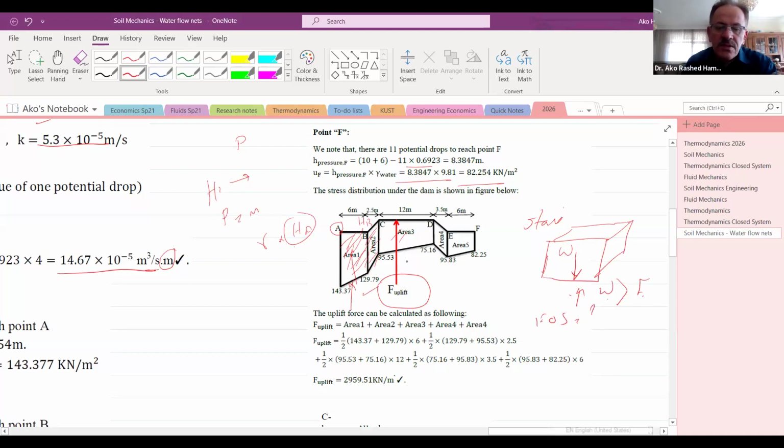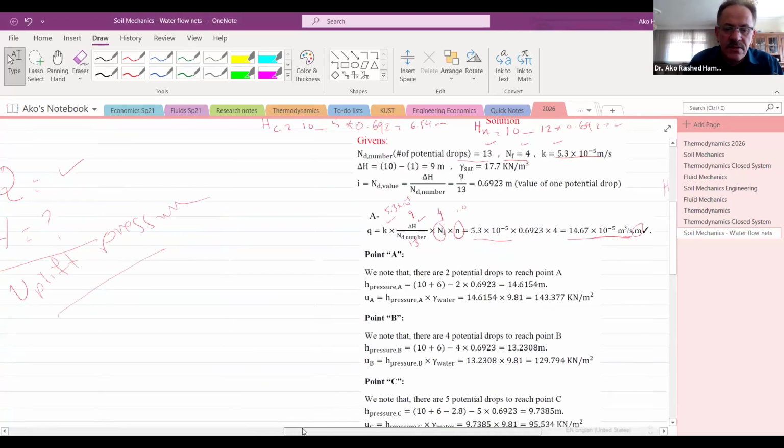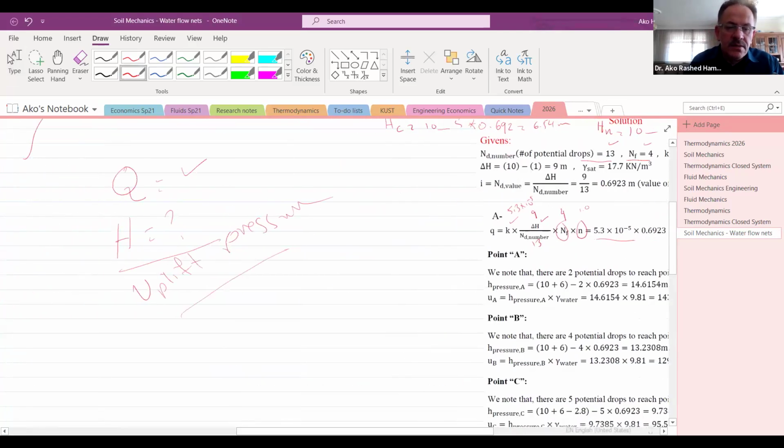This is called stability, another point we have to discuss next time. The second thing is for sheet piles.